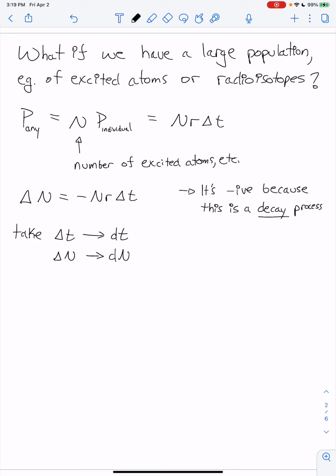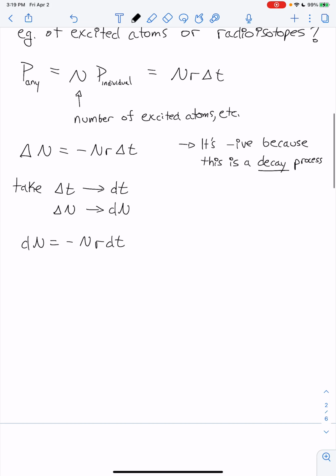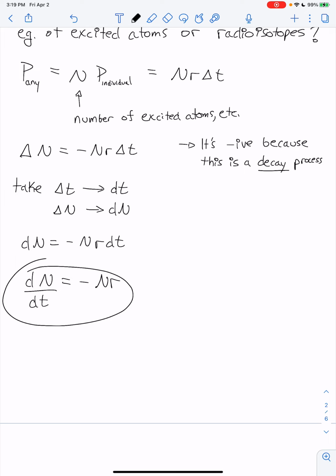So now we have dn is equal to negative n r dt. So now we can express this as a rate of change. dn/dt is equal to negative n r. And so this gives us the rate of change of the excited atoms.